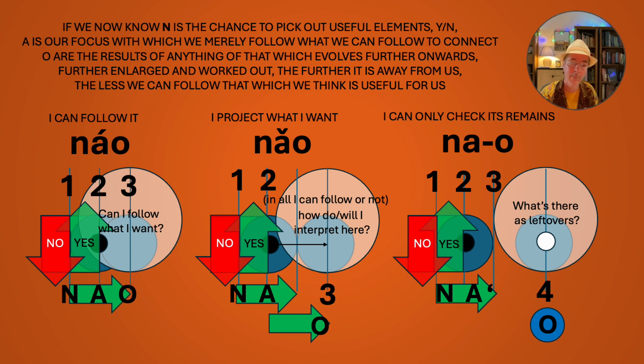That's true, but it's more like a distant interpretation already. While the na, you can only check its remains. I know a few examples in Dutch. Then maybe na is after o. O can be a word with O, like after war, for instance. You only check its remains after the things that happened.